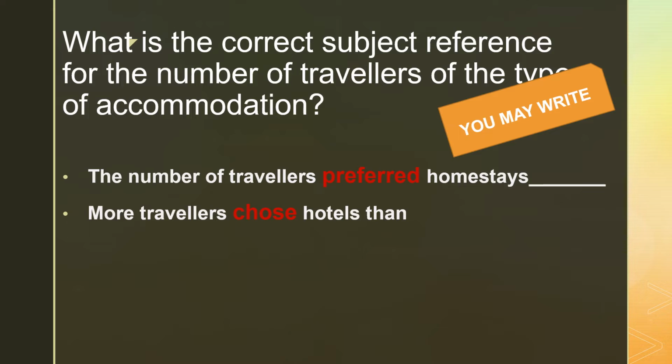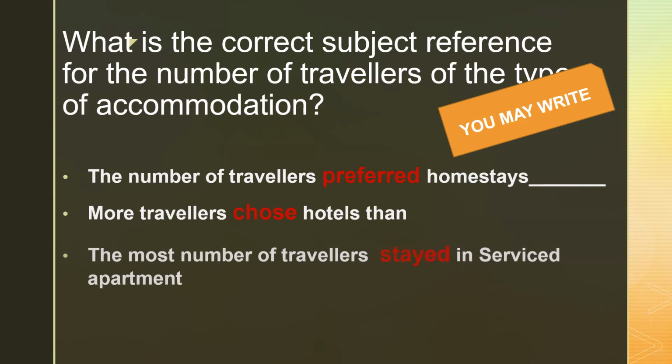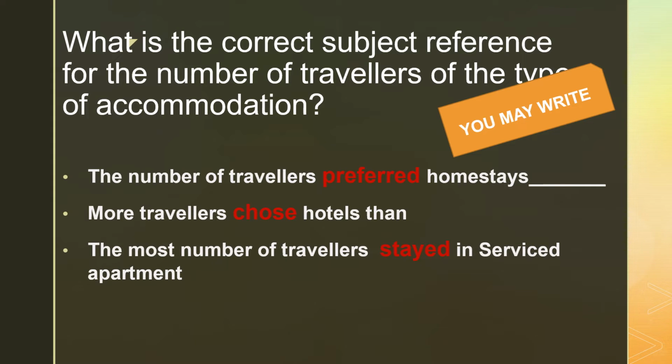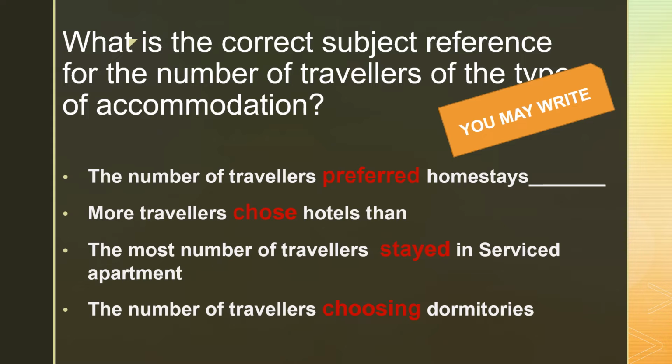More travelers choose hotels than. The most number of travelers stayed in serviced apartment. Lastly, the number of travelers choosing dormitories. These are the 4 types of subject reference for 4 different accommodation.